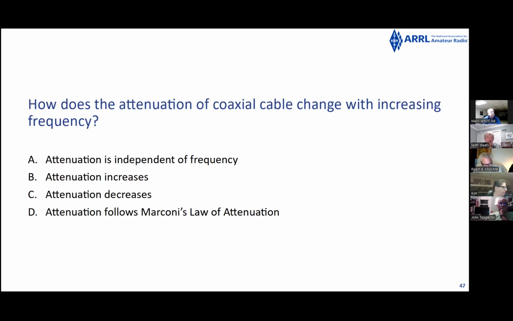How does the attenuation of coaxial cable change with increasing frequency? Attenuation is independent of frequency. Attenuation increases. Attenuation decreases. Attenuation follows Marconi's law of attenuation. B, yes, attenuation increases.